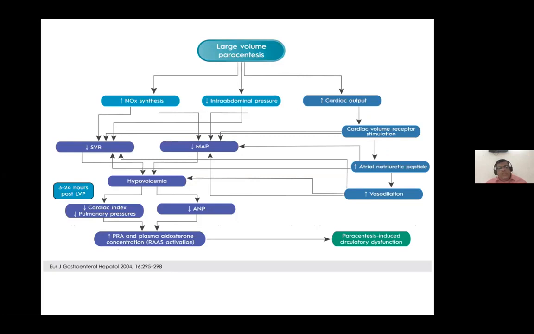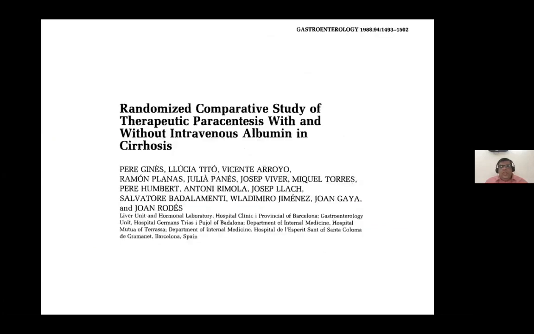This reduces the cardiac index, pulmonary pressures, and gives rise to activation of the renin-angiotensin-aldosterone axis. It does stimulate the cardiac volume receptors because of the sudden volume loss, stimulates the atrial natriuretic peptide, thereby causing the increased vasodilatation, contributing further to hypovolemia. So all these together contribute to the development of PICD.